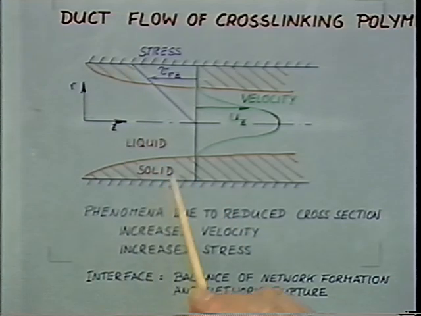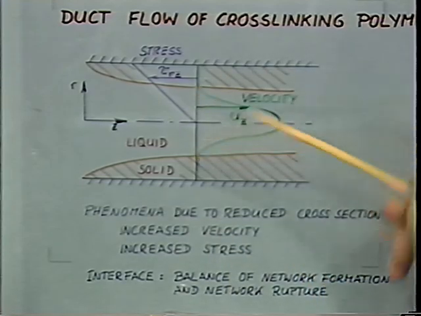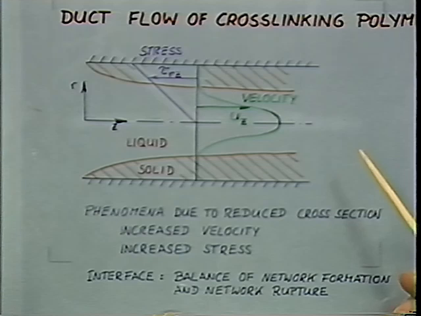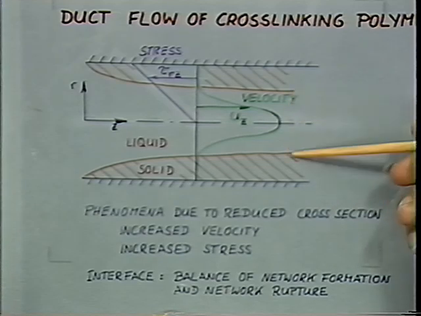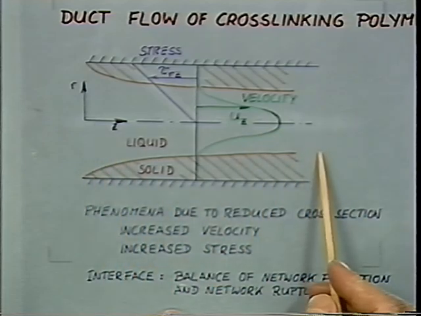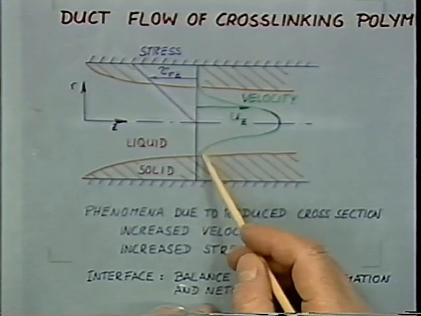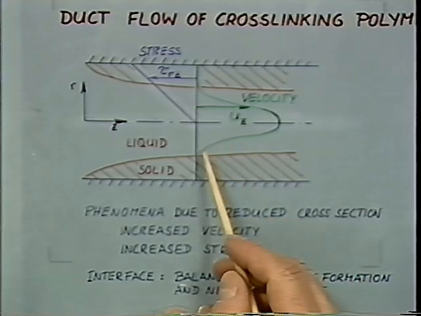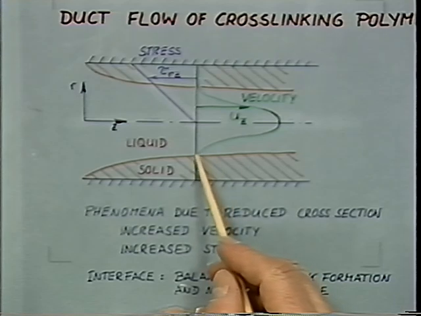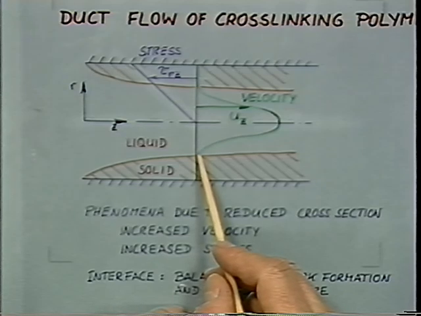As you have this build-up, the active channel area is decreased. The shear rates in the center are increased because of that closing of the channel. So your overall pressure drop in the extrusion die or whatever that is, will be increasing during that process. And the stress level somewhere in the die will be high enough to break the material. See, there's one characteristic radius where the residence time is short enough so that you don't crosslink the material too much.